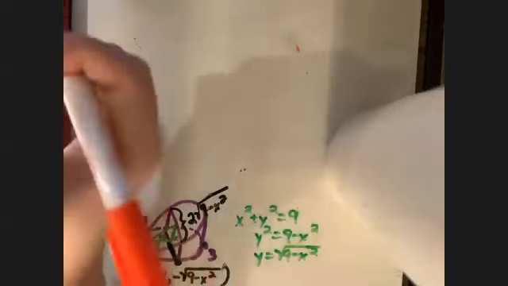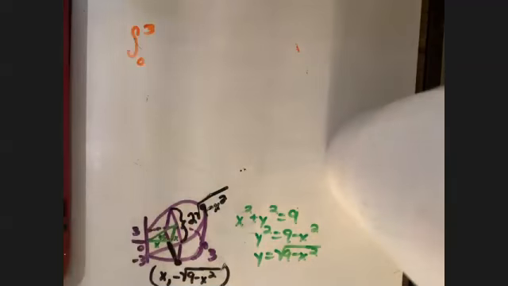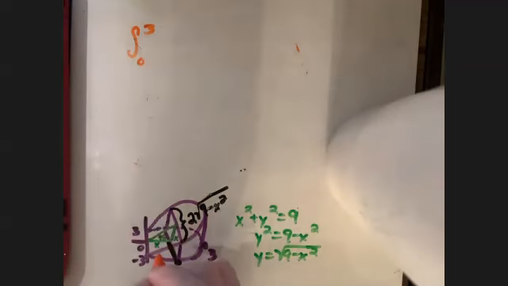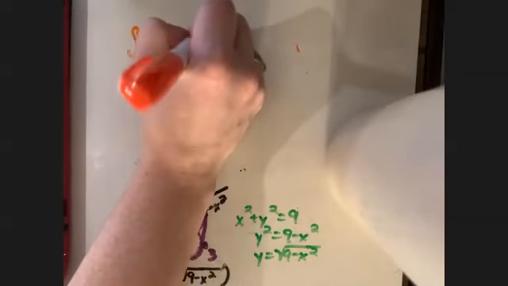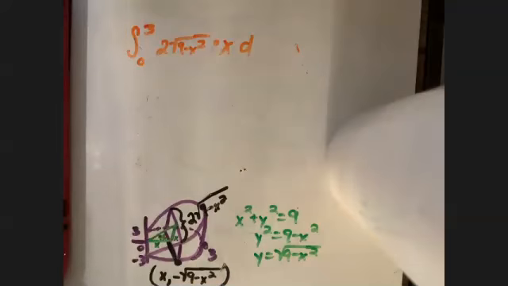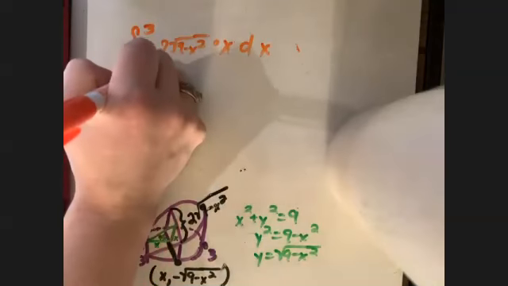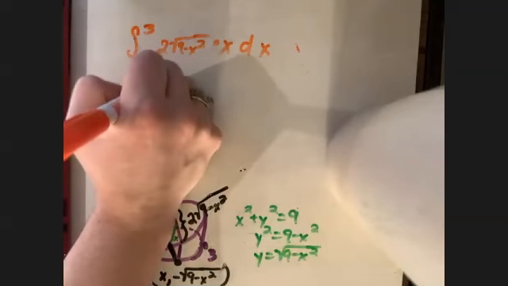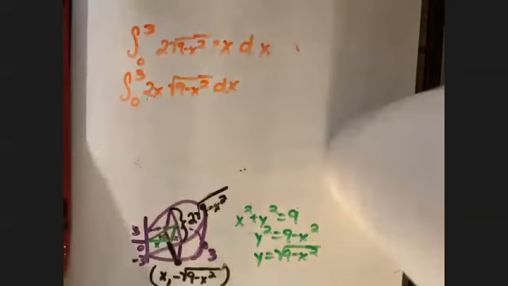Okay, so we are doing the integration from 0 to 3 of the area formula, which is going to be base, so 2 square roots of 9 minus x squared, times our height, which is x, dx. So we've got the integral from 0 to 3 of 2x square root of 9 minus x squared dx.